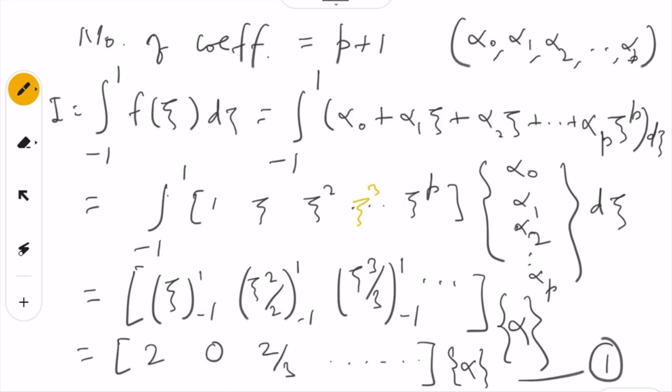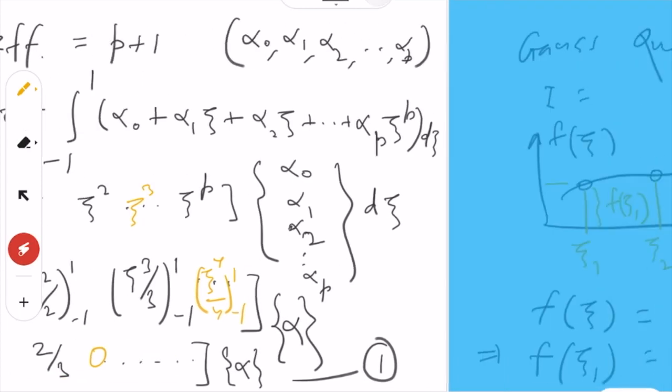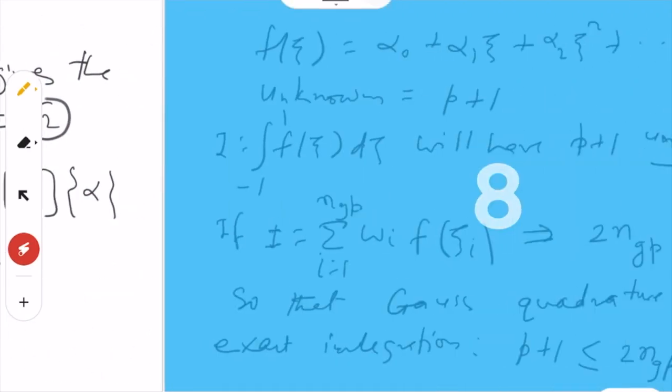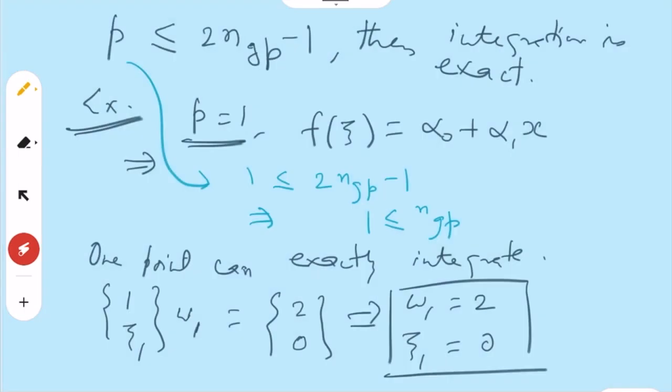This value will actually become ξ⁴ over 4, evaluated from 1 to minus 1, and since this is an even number, this value will be 0, so we will have 0 value. Since we have to take four of them, we have written it accordingly like this.